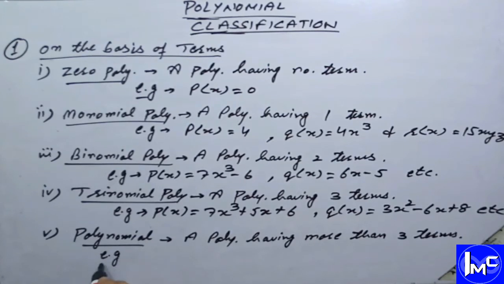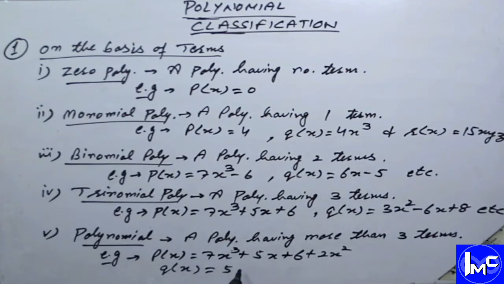Example, p(x) is equal to 7x cube plus 5x plus 6 plus 2x square. q(x) is equal to 5x^8 minus 7x^7 plus 6x^6 minus 5x^4 plus 3x square plus 1, etc.